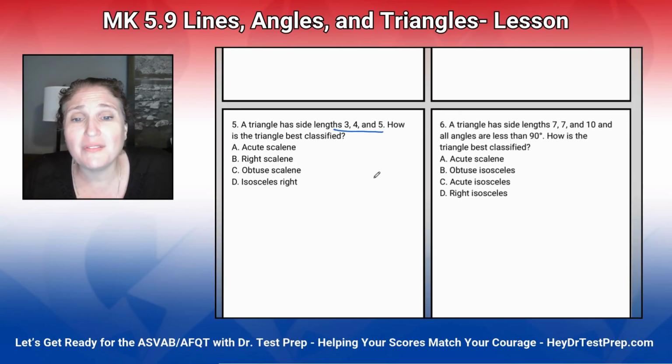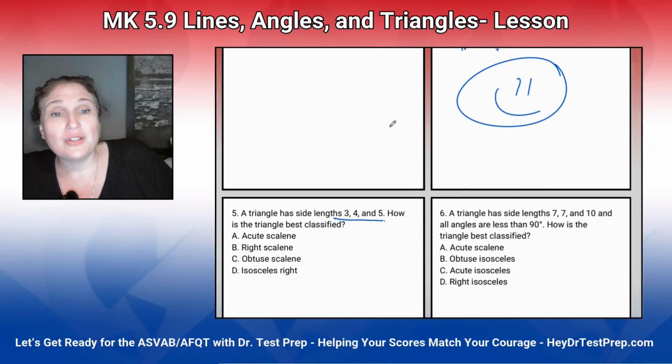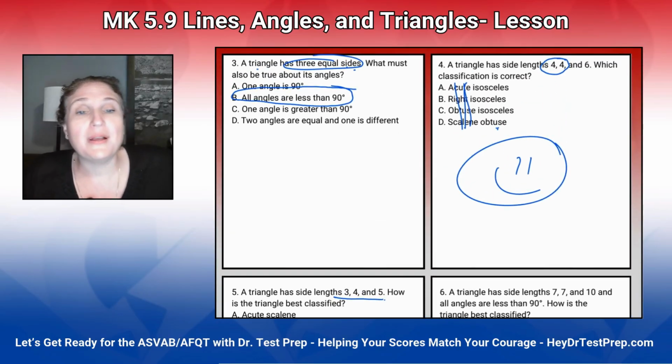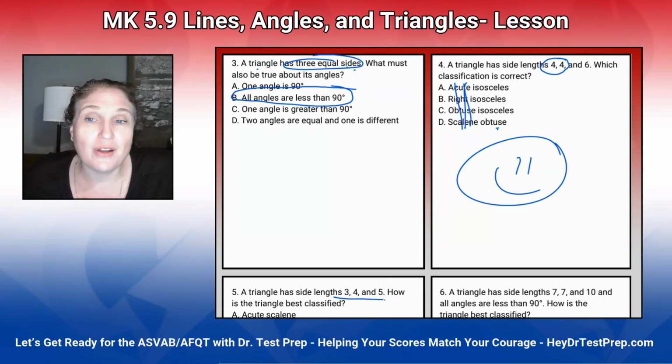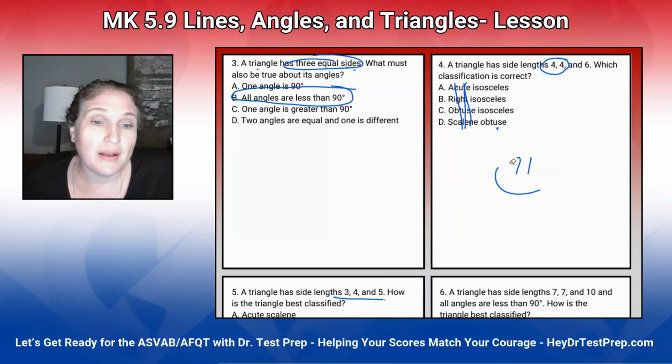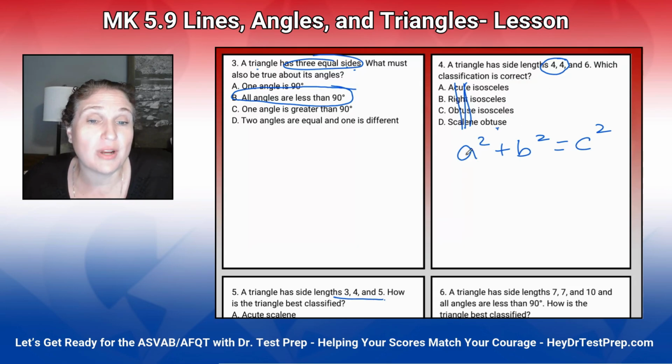All right, all of these are different. This is actually a right triangle. So up here, we could have gone over this. I haven't taught you the Pythagorean theorem yet, but if this pattern works, then it's also a right triangle.